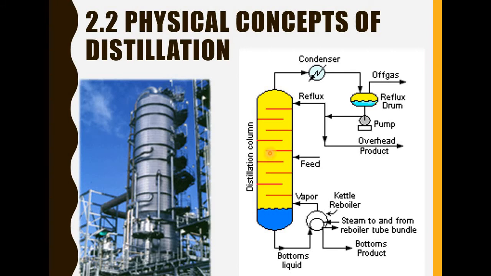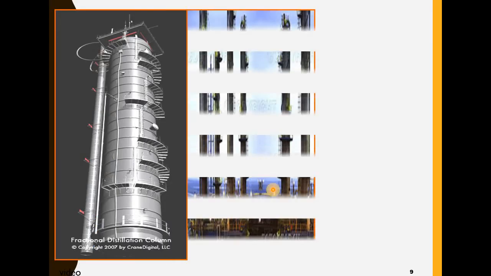For example, we have a feed of components A and B. When we heat up, A and B in the distillation column will exist as both liquid and vapor, so we have to know the vapor liquid equilibrium data.